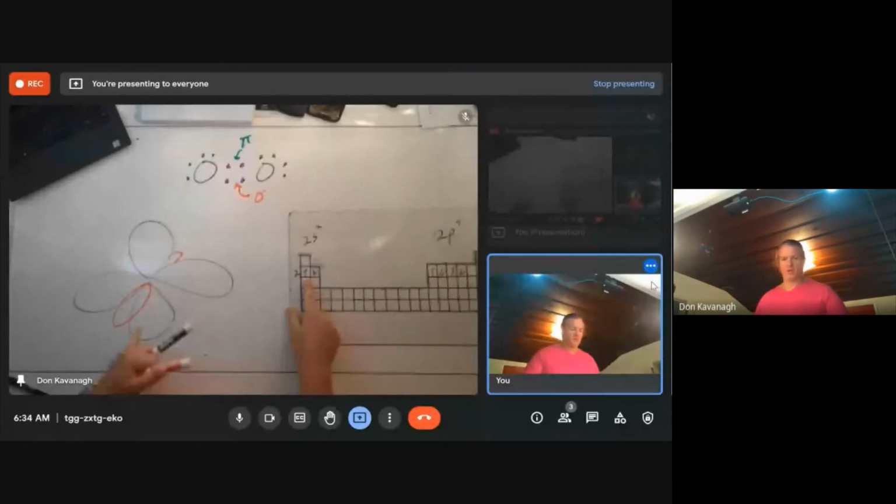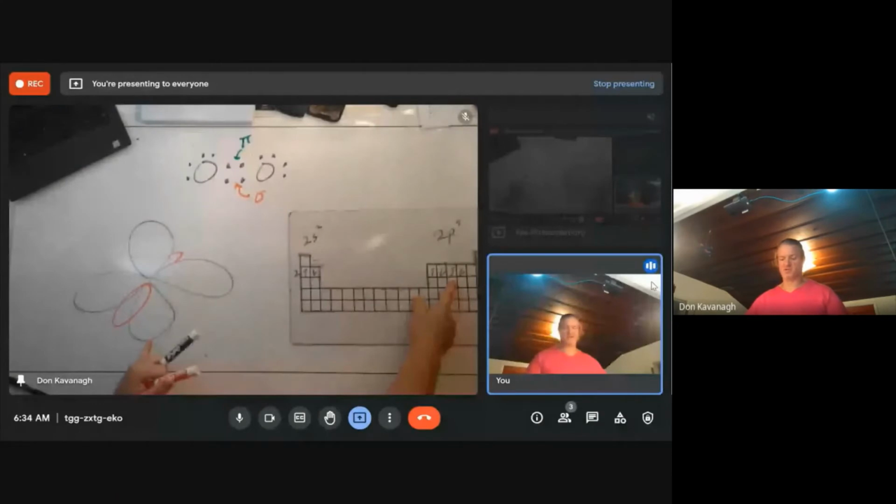These 4 electrons are spread out among these 3 orbitals that are going to be used for bonding. Now, this is 1 oxygen atom here, okay? So we have 1 electron here, and 1 electron in this vertical orbital here.